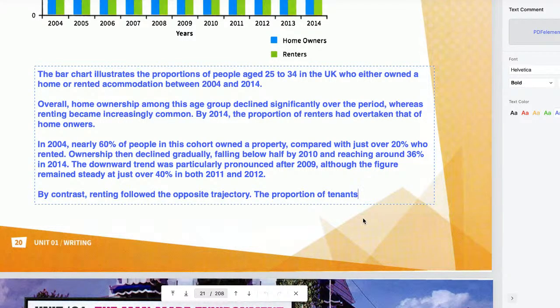But we don't write something because of something else like that. We write something because of the structure and the grammar of that particular sentence, right? So why should we use tenants here with S? Yes, because we are talking about renters or tenants in general, right? Many tenants, many renters, not just one person. So the proportion of tenants.